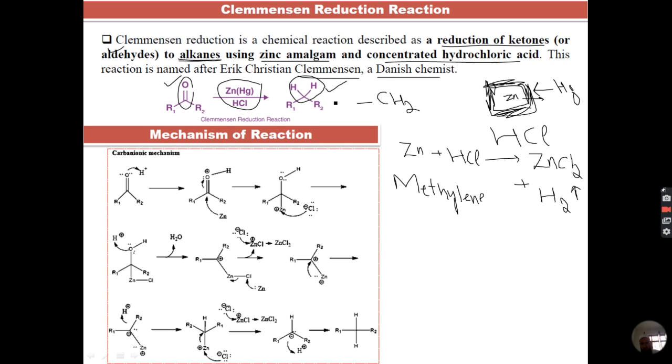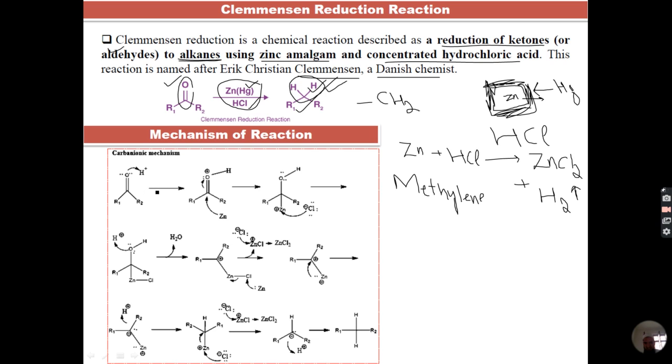Since we don't have any carbonyl compound now in the product, we don't have any double bond, so this is a pure hydrocarbon. So conversion of carbonyl, that's your ketone, to hydrocarbon with the help of zinc amalgam and concentrated HCl. Now let's talk about the mechanism portion, which is important.